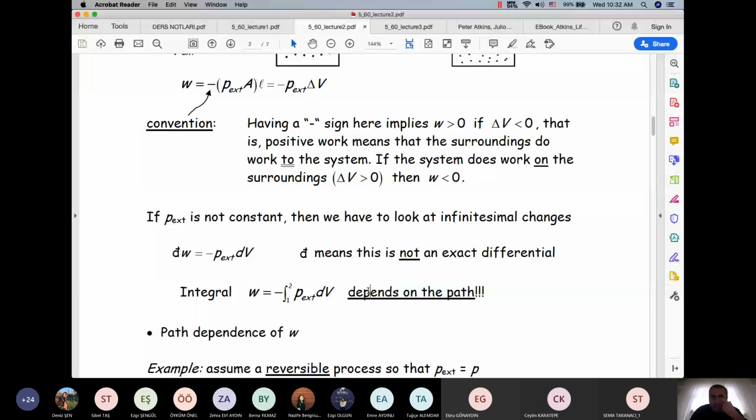But if you are talking about how much energy, how much work, or how much heat you spent going from your point to there, then it is important. This is what we have to know. Work and heat are path dependent, and energy, enthalpy, etc., state variables, are path independent.